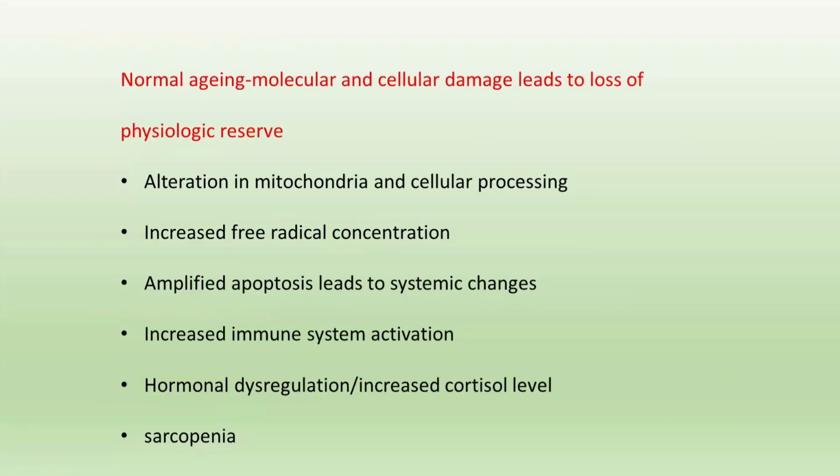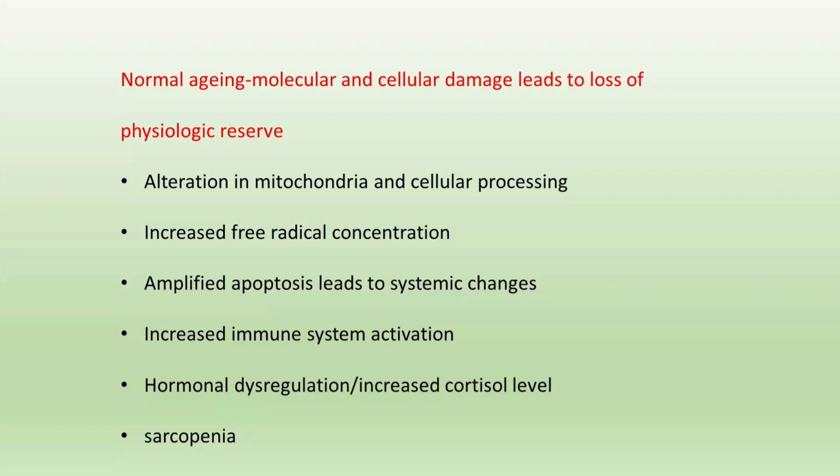Right. In normal aging, as we know, there is a lot of molecular and cellular damage. This leads to loss of physiologic reserve. There are alterations in mitochondria and cellular processes, and increased free radical concentrations.